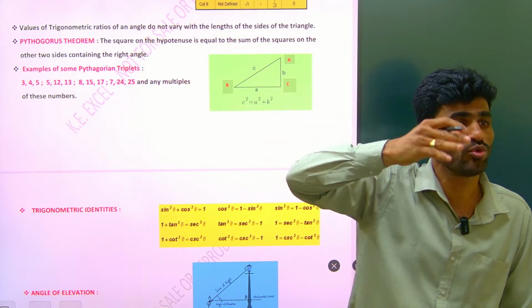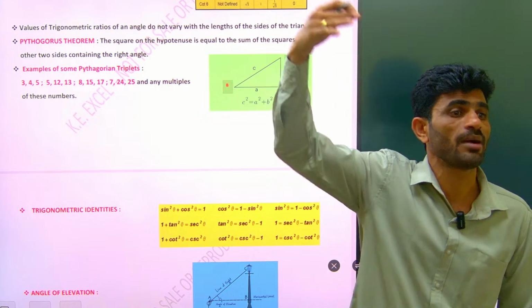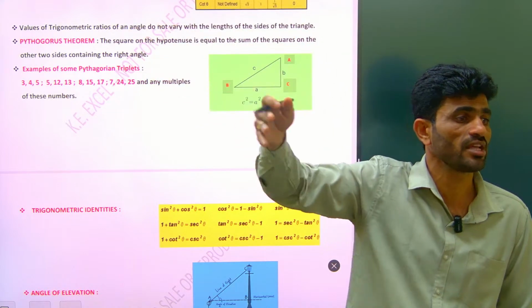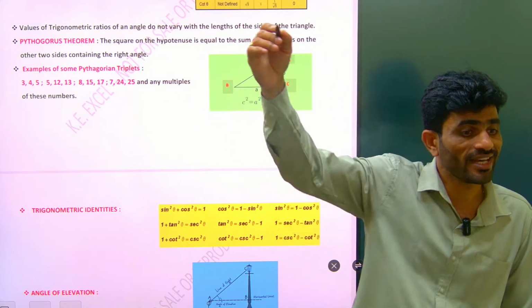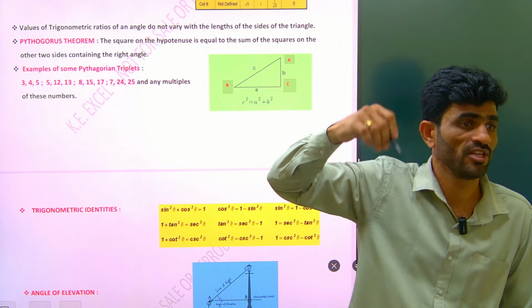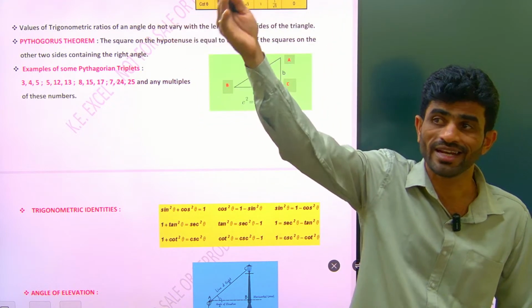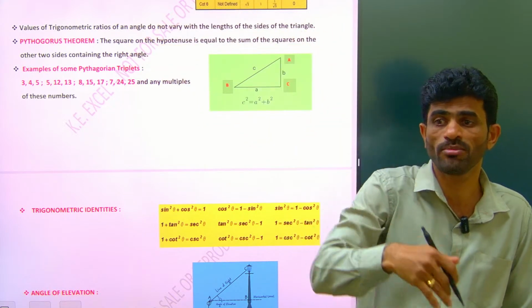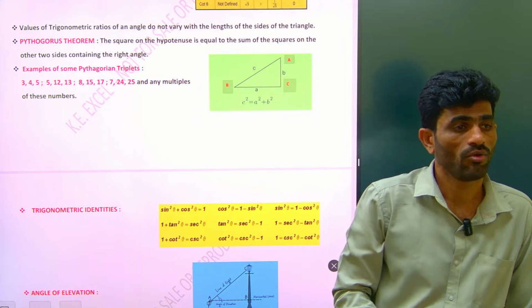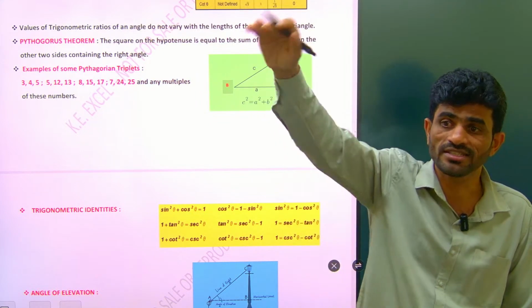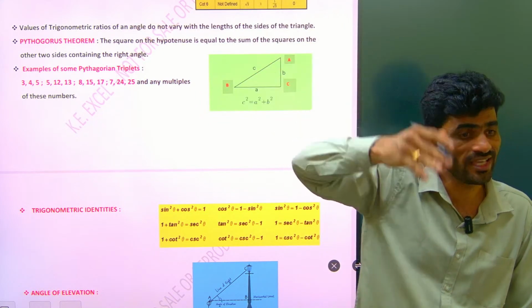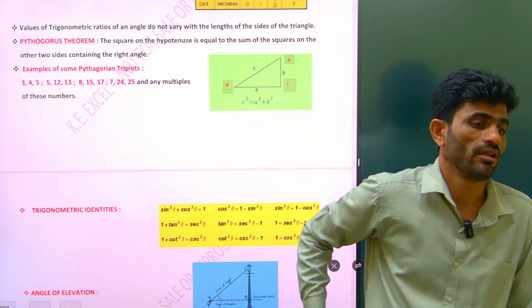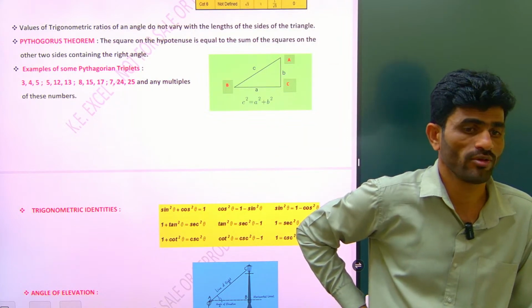If the question is 2, 4, 6, 8, to get a sum of 100, how many terms are required? Then that 100 should be taken as SN, and you have to use the SN formula. If that 100 is the last term, you should take it as AN, then use the A plus n minus 1 into D formula.